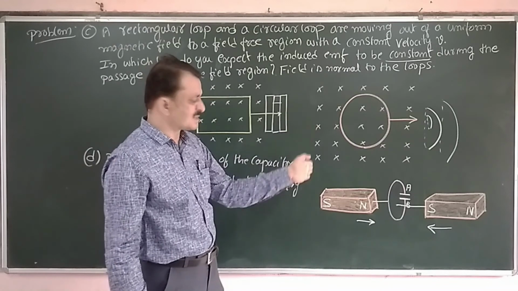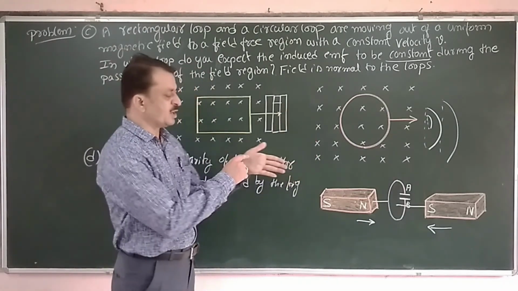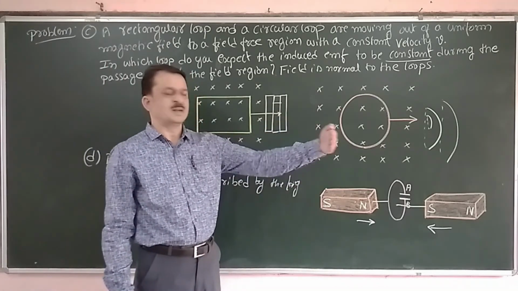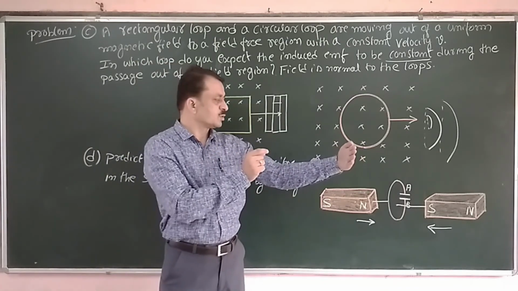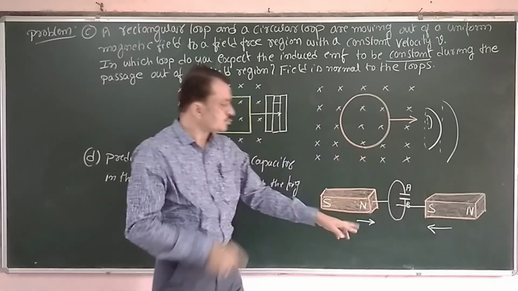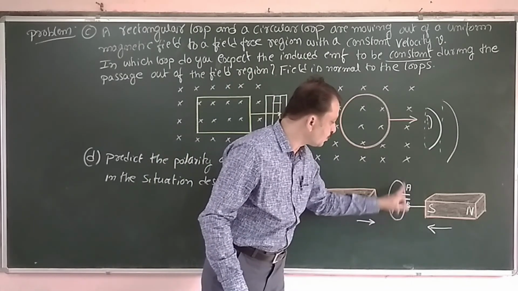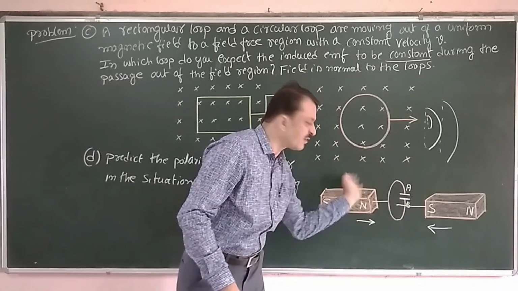Now the loop is like this, a circular loop. Assume this is the circular loop, placed like this. Now I am moving the magnet here. This indicates that this portion of the loop is on the farther side and this portion is on the front side.